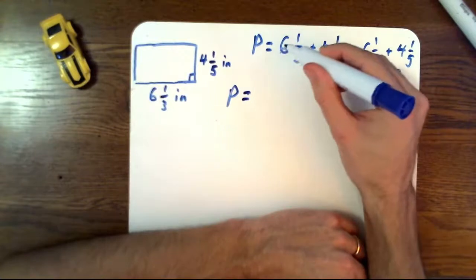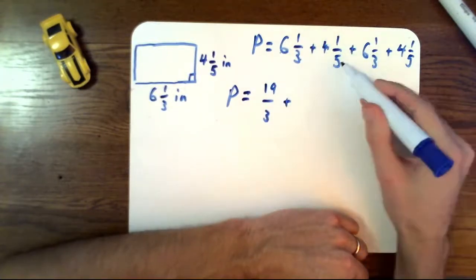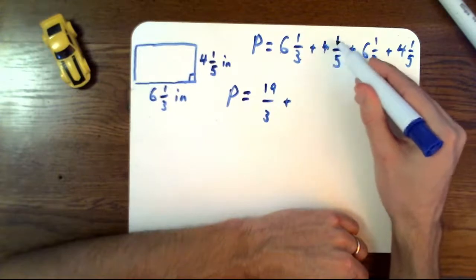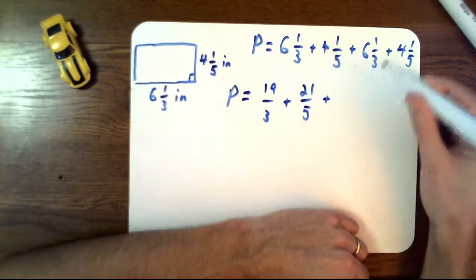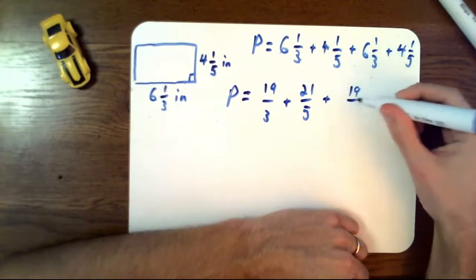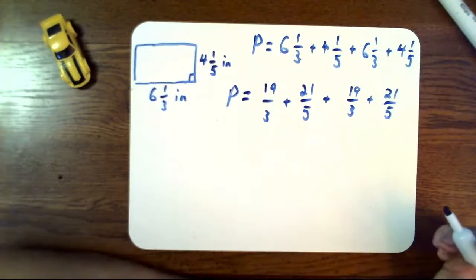So 6 times 3 is 18, plus 1 is 19. 5 times 4 is 20, plus 1 is 21. And we know that these are going to be the same. 19 over 3, 21 over 5.